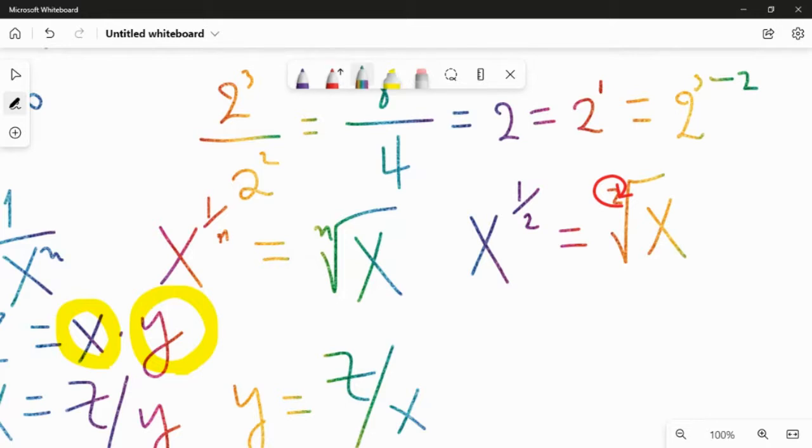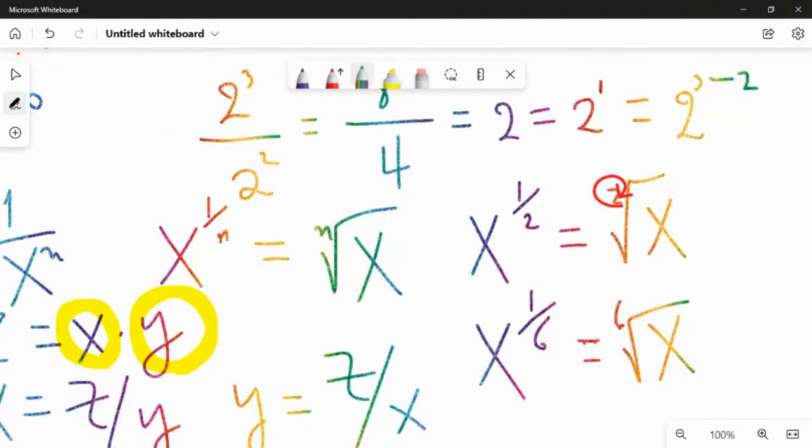For example, x raised to 1 over 6, that's the sixth root or sixth radical.